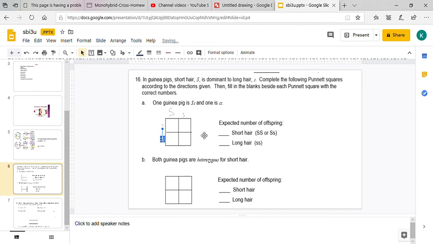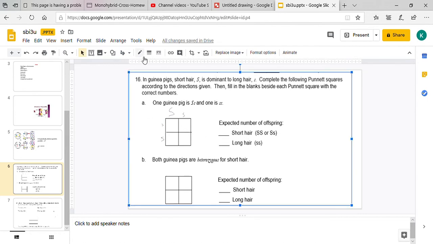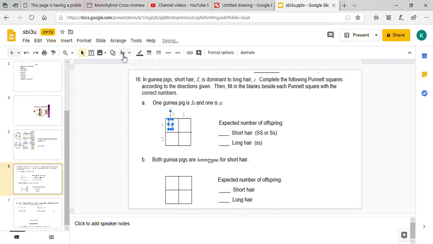Now the possibilities for the offspring, we can check in just a minute. For this, we have an uppercase S from here and a lowercase s from the other side of the grid. Same over here, we have an uppercase S and a lowercase s.